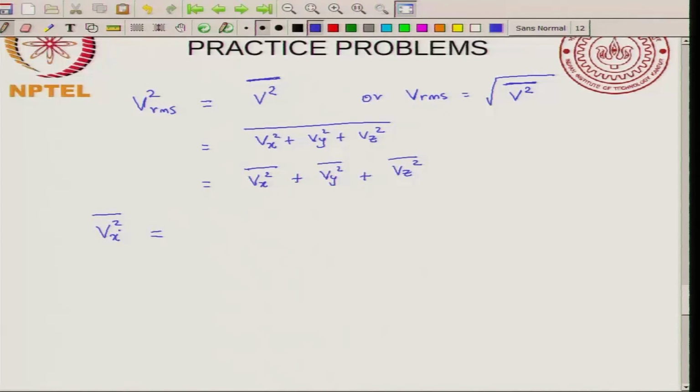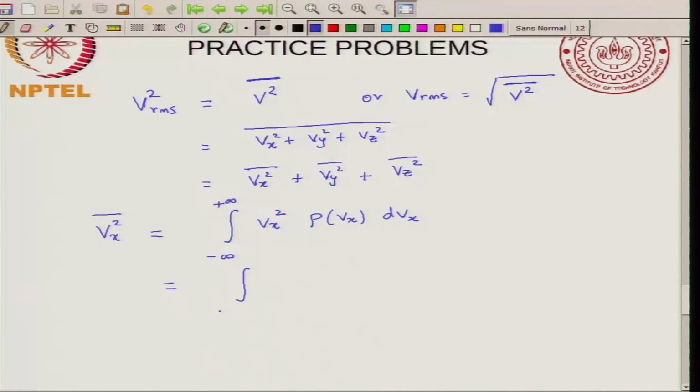Now, this is only a function of Vx. So, I can write this as the integral from minus infinity to plus infinity of Vx square times p of Vx dVx, and you can show this using the integrals that we have seen.